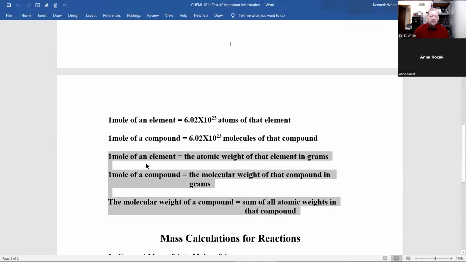One, you should know, in the past I'd say you have to memorize, but you should know 1 mole of an element equals the atomic weight of that element in grams. You should know 1 mole of a compound equals the molecular weight of that compound in grams, and the molecular weight of a compound is the sum of all atomic weights in that compound.